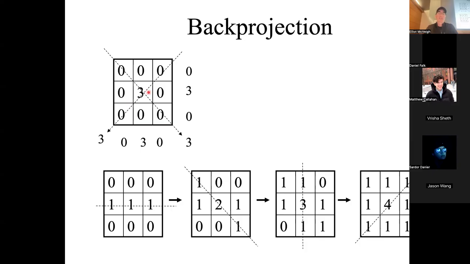So it could be 3, 0, 0, 0, 3, 0, 0, 0, 3, 1, 1, 1, 1, 2, 0. It's a lot of possibilities. So let's just pick the simplest one. Let's divide up the signal that we've got from this projection and just project it back equally to every voxel in that projection. That's the easiest guess we can make. They're all the same, right?